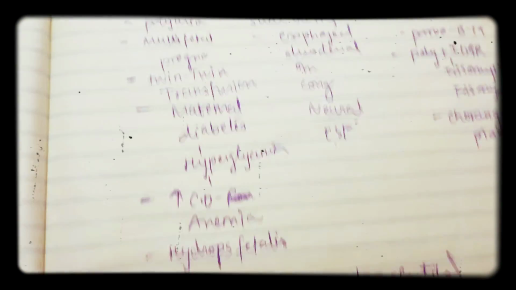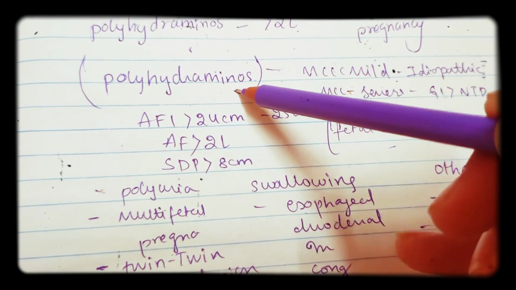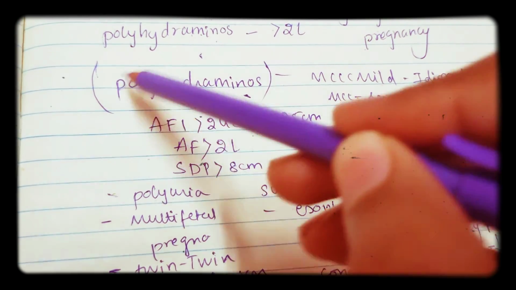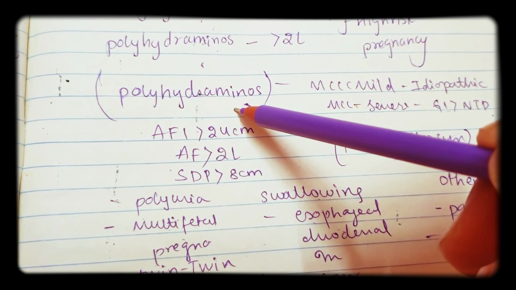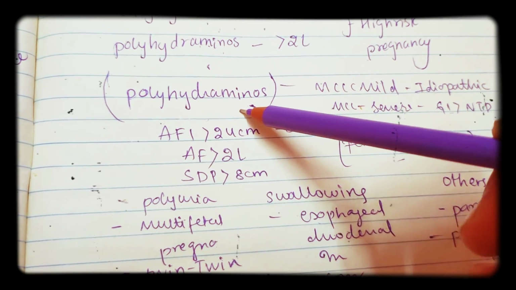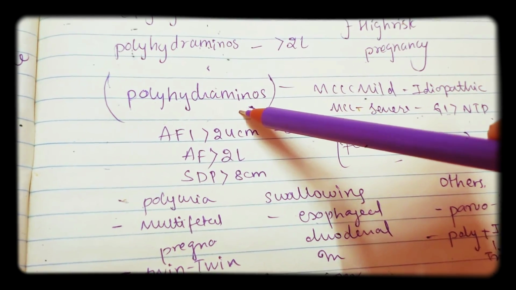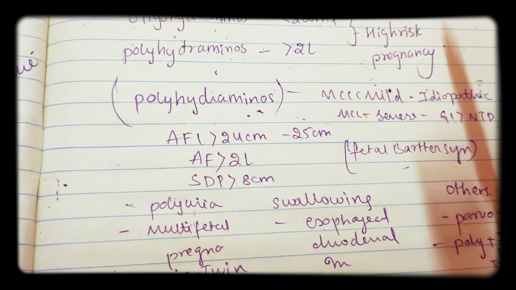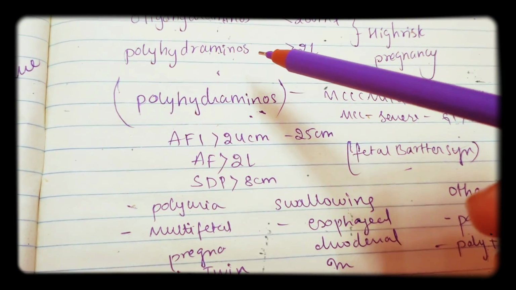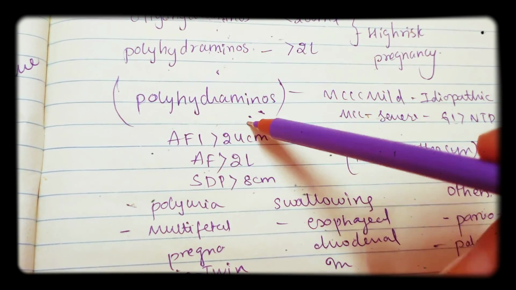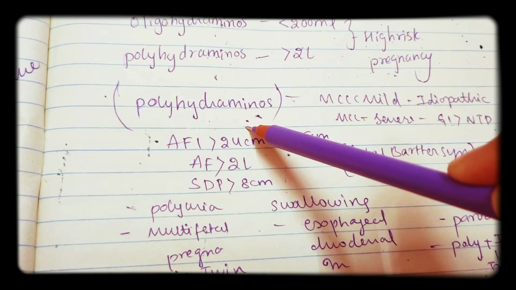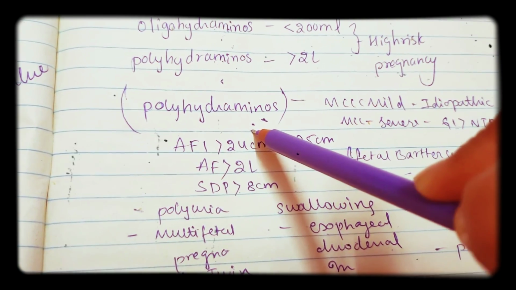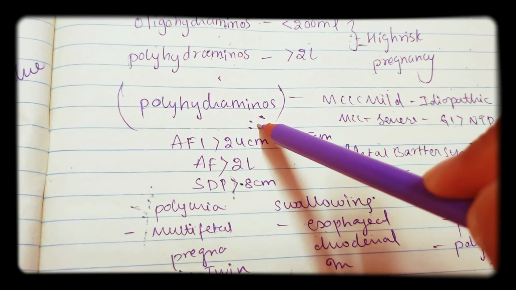What are the major problems of polyhydramnios? As there is a lot of amniotic fluid, the membrane gets stretched, which leads to preterm labor, and also premature rupture of membranes, and also abruptio placentae, like a sudden rush of amniotic fluid and shrinking of the uterus, and postpartum hemorrhage.